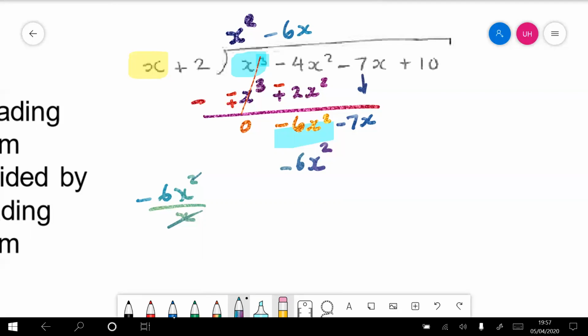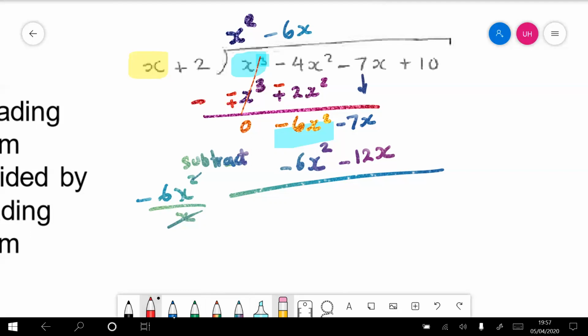And then minus 6x times plus 2. Yeah, so minus times plus is minus. 6 times 2 is 12 and the x. So it's basically minus 6x times 2 is minus 12x. And now we subtract, which means take away. So when we subtract, that means we change the signs here.